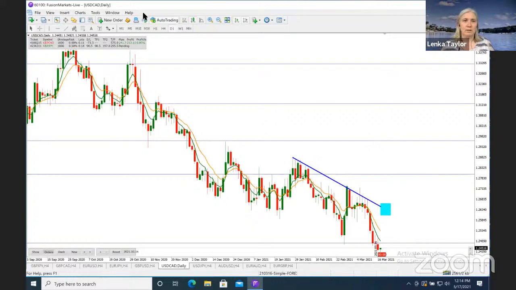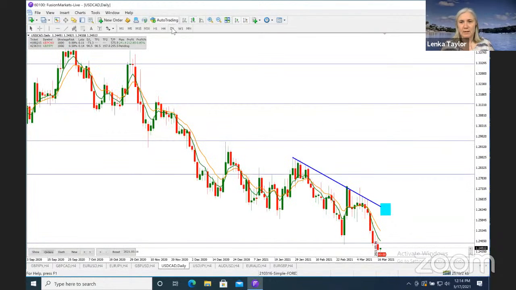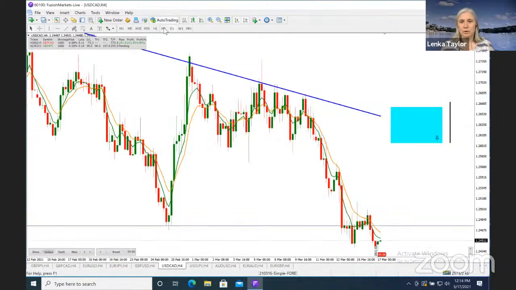No, not according to my strategy. I use the D1 for the direction, and then I use the H4 for the entry setup. So no, I will not use the H4 trend line at the moment for the setup.